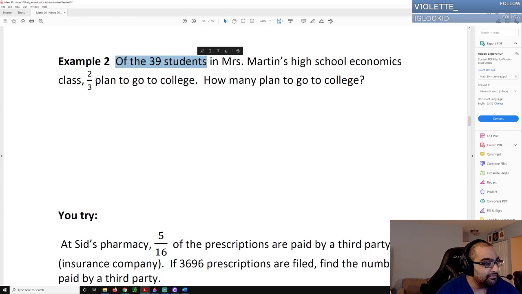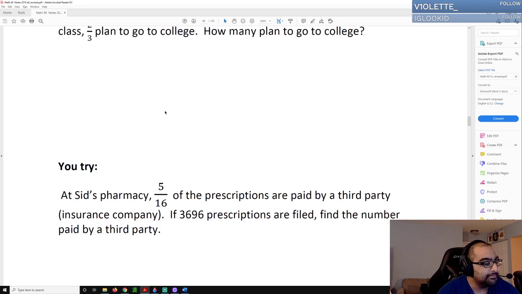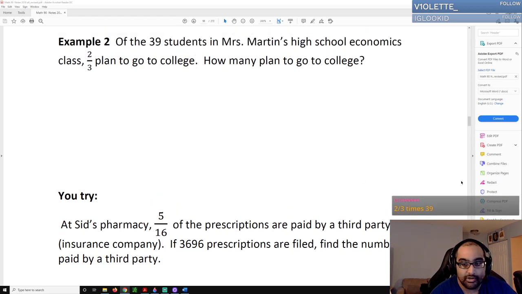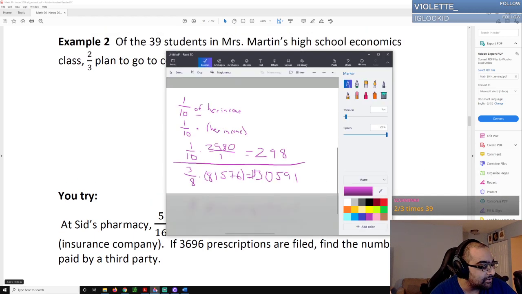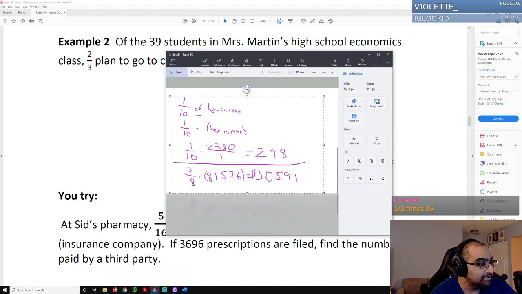Of the 39 students, 2/3 of them plan to go to college. So how do we set this problem up? 2/3 times 39. Spot on. So far, so good.